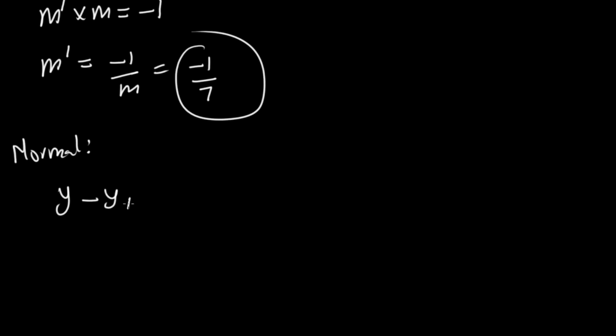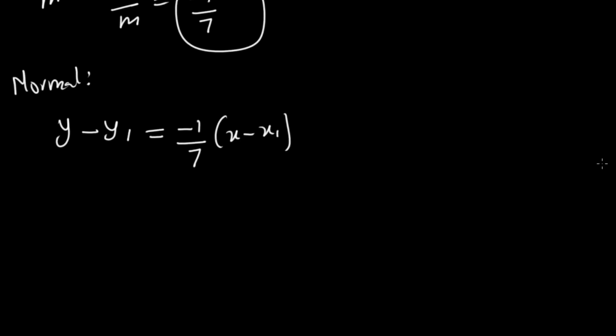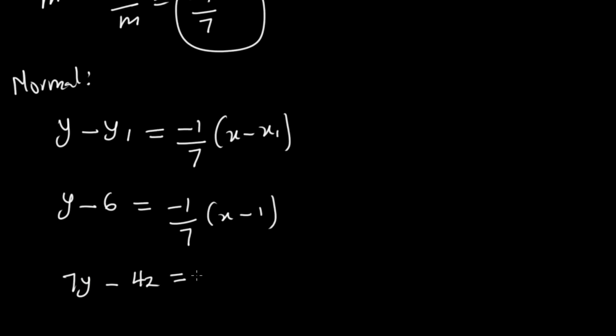So again, equation of the normal: y minus y1 equal to m, in this case -1 over 7, times (x minus x1). Then I'm going to have y minus 6 equal to -1 over 7 times (x minus 1). So this is 7y minus 42 equal to -x plus 1.